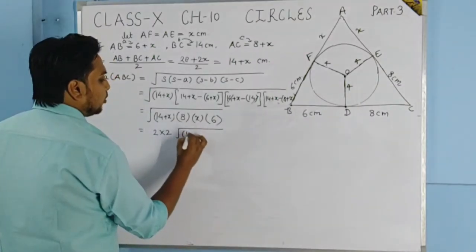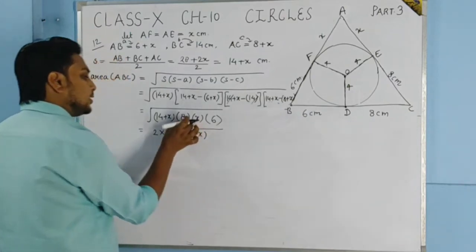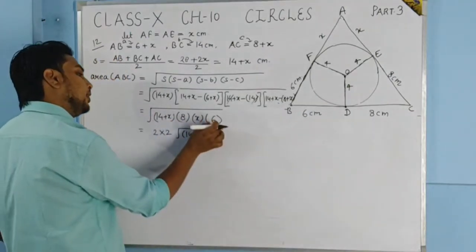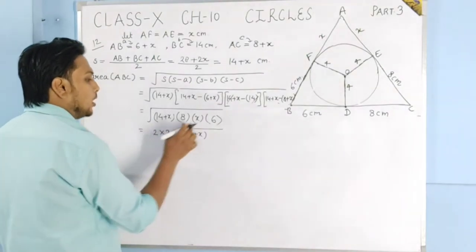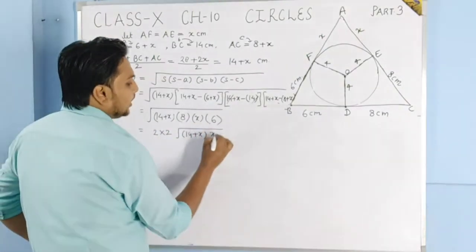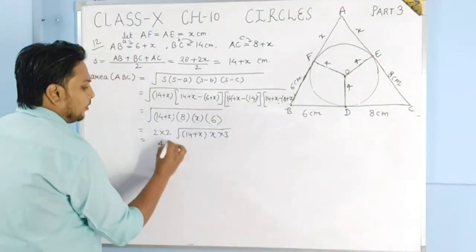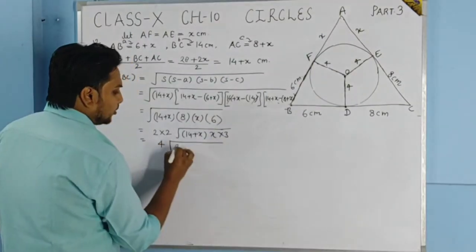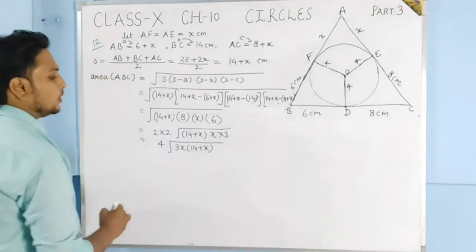Here it will be 14 plus x, and here from 8 and 6, 2 times 2 comes outside of the square root. So what is left? Only x and only 3. So what is here? 4 square root of 3x into (14 plus x).